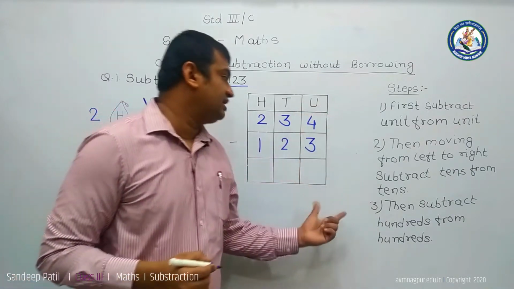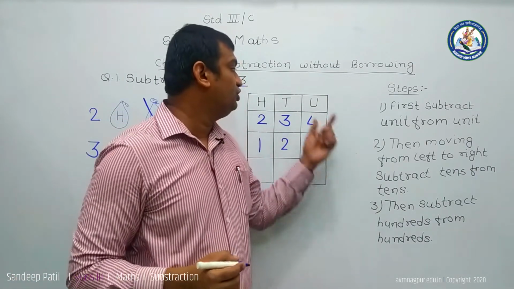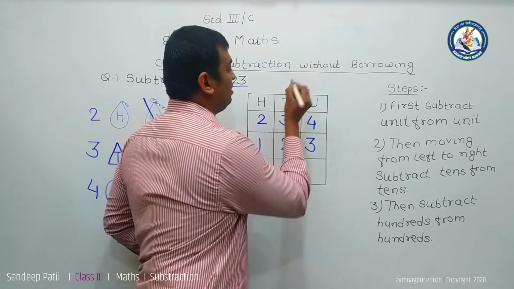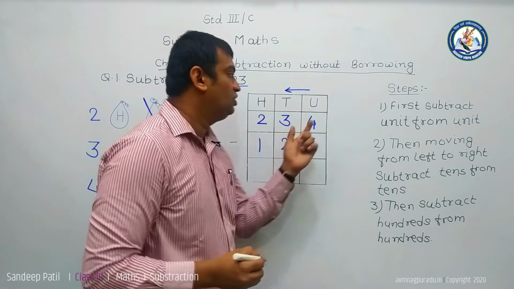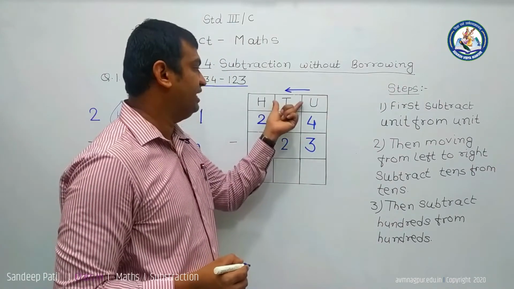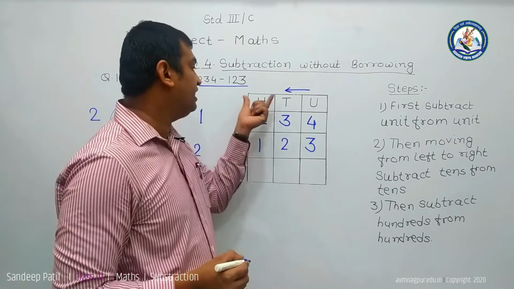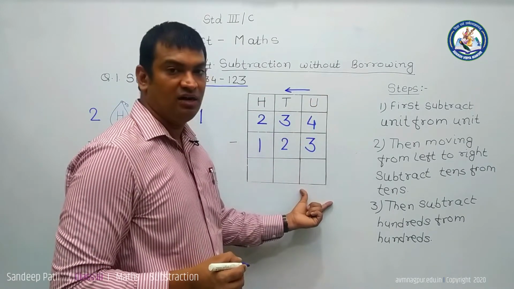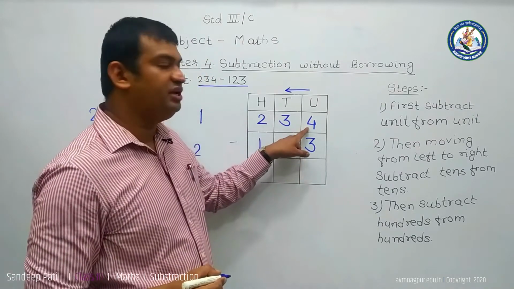Now let's start with the units, because we have to start the subtraction from right to left. So first subtract units from units, then tens from tens and then hundreds from hundreds. In this way we have to start with the units. How many units are there?